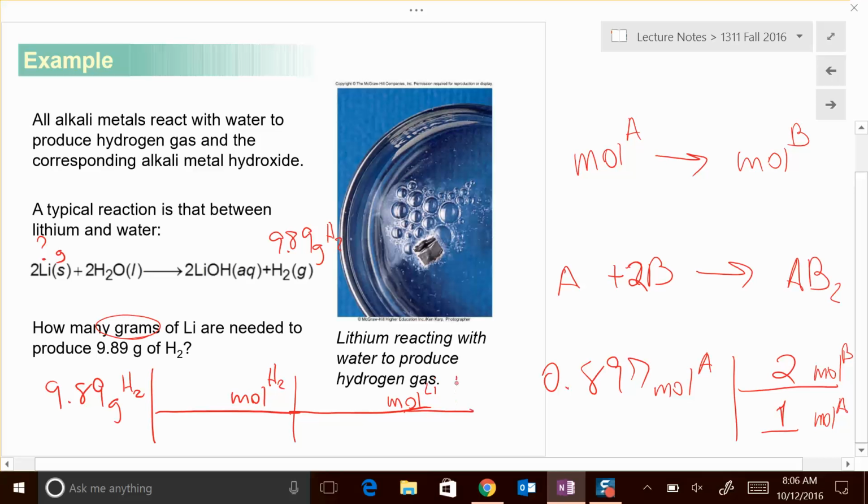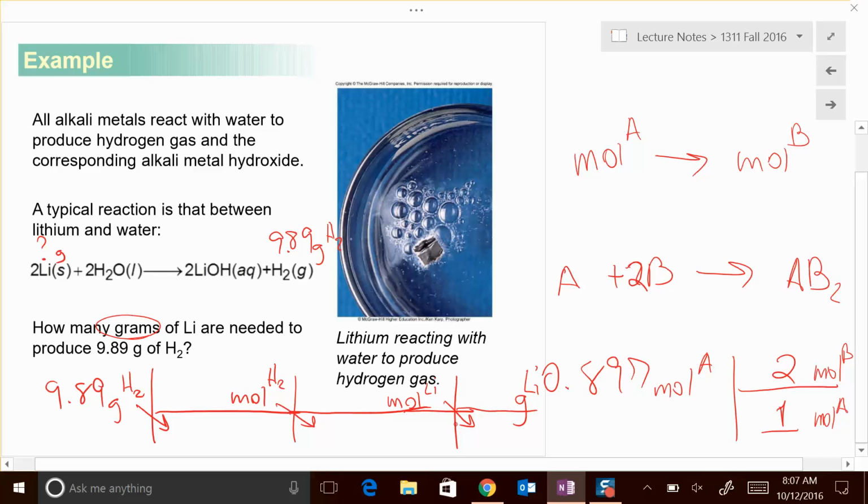Have I answered the question now that I'm in the moles of lithium? So what's the last step? Now I need to go to the grams of lithium. This is the process that I'm going to follow. When I want to figure out what units go down here, I simply have to look at what came before it, and I drop my units. Drop, drop, drop.